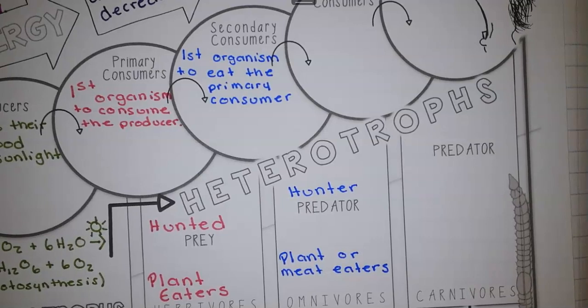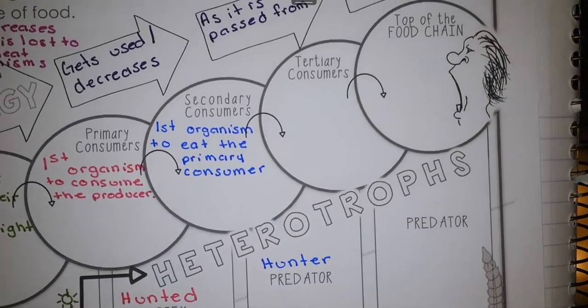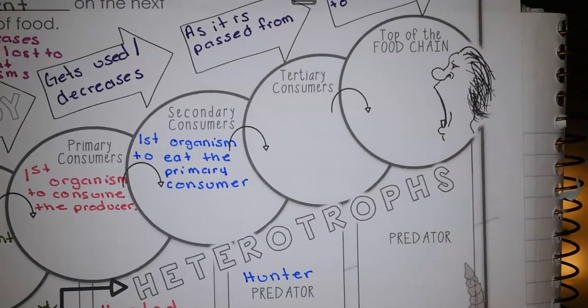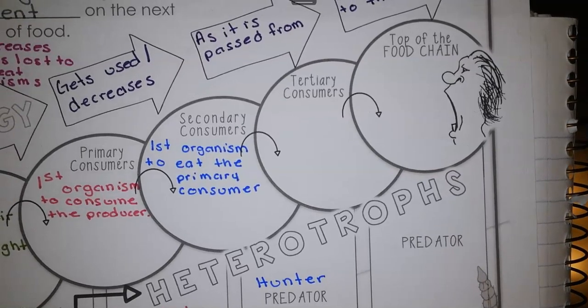Now, who's going to eat the frog? In my food chain, it's going to be a snake, and the snake would be our tertiary consumer.